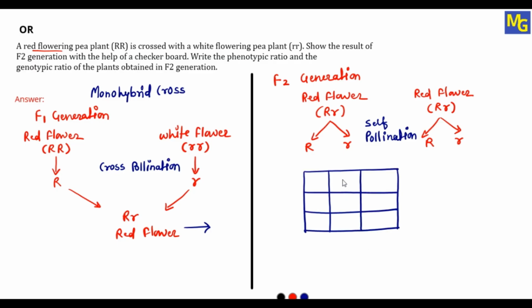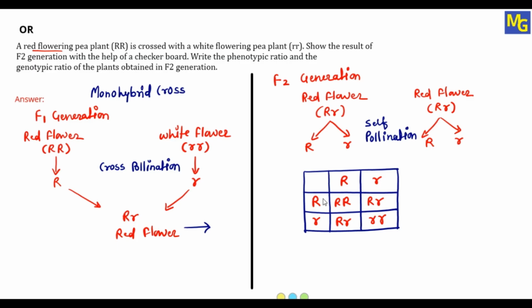So write down your genes, capital R, small r, capital R and small r. Now when these are self-pollinated, fertilization takes place. The possibility of genes are RR, Rr, Rr and rr. How did we get this?